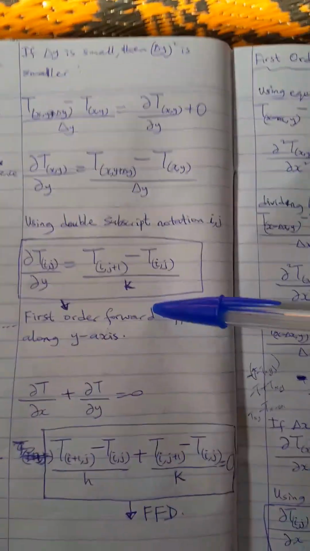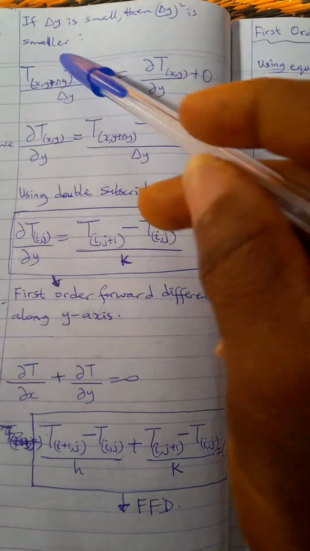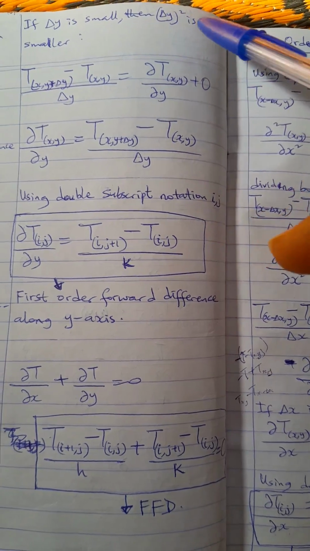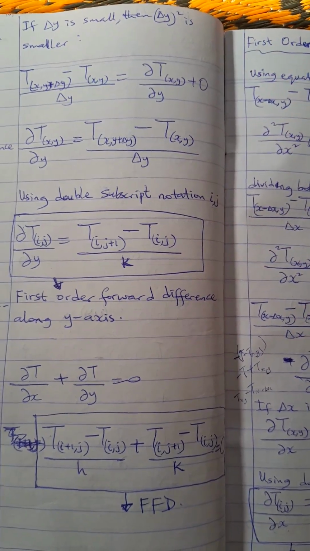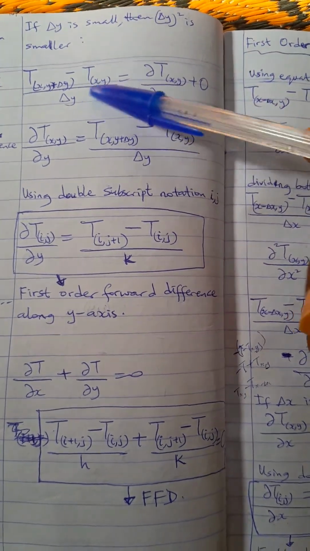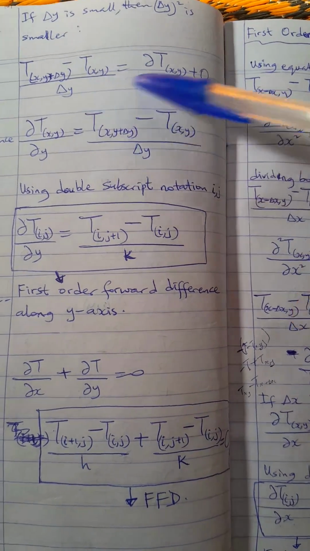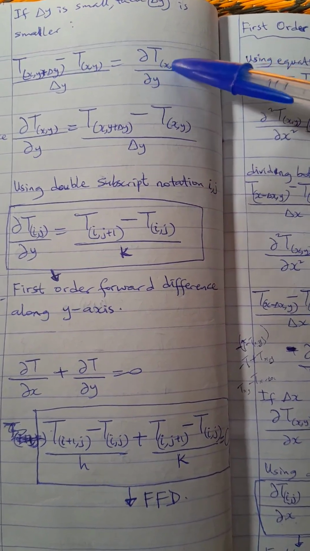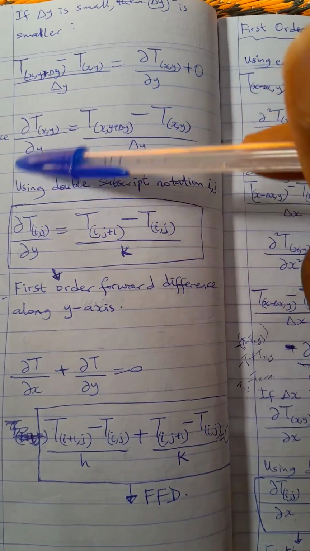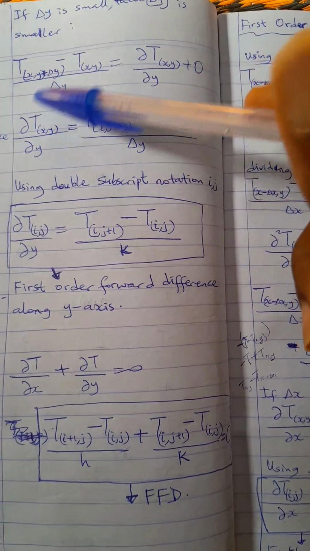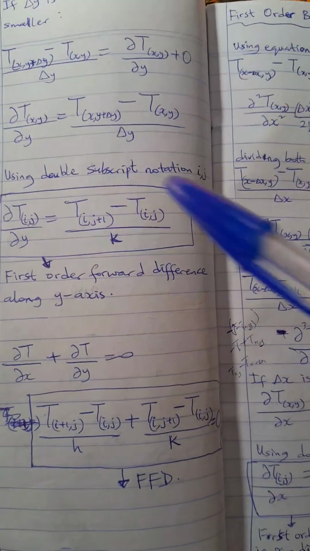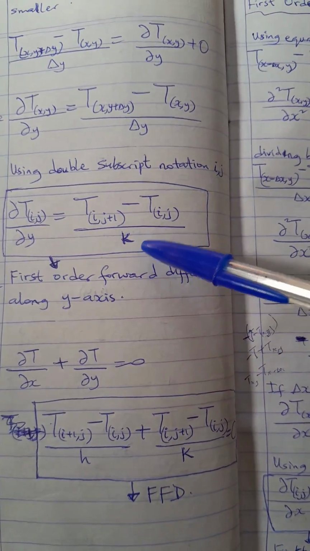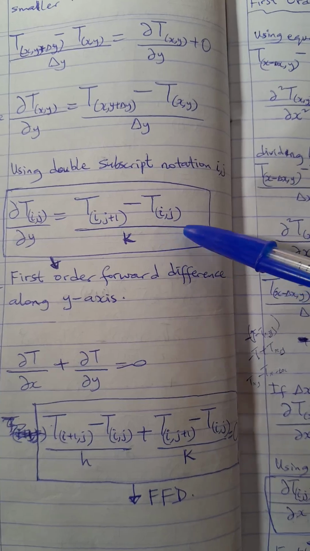After that, if delta y is a small increment like we did for delta x, then delta y square is also smaller. Because they are small increments, everything turns to 0. It remains only dT(x,y) over dy. Rewrite, move this one to this side and this to this side. So using double subscript notation that we did the other time, change x to i and change y to j, and y plus delta y will now change.